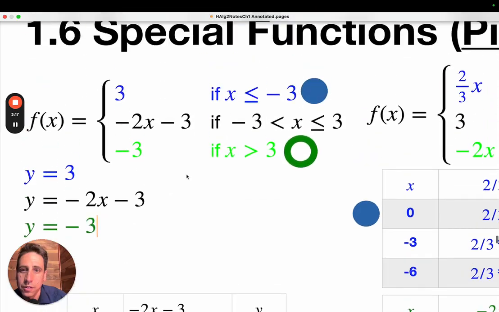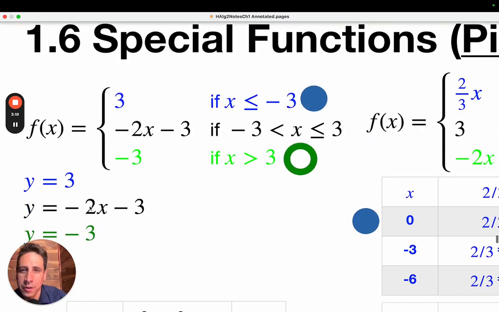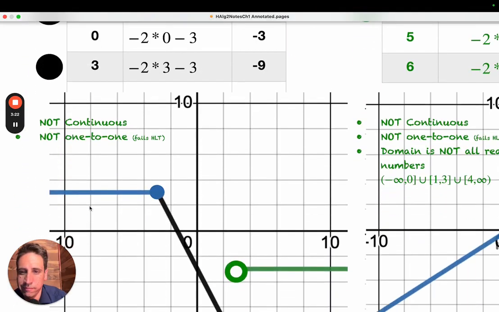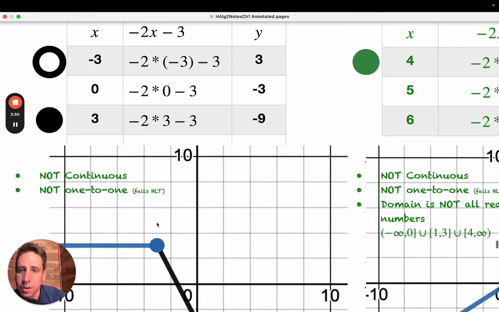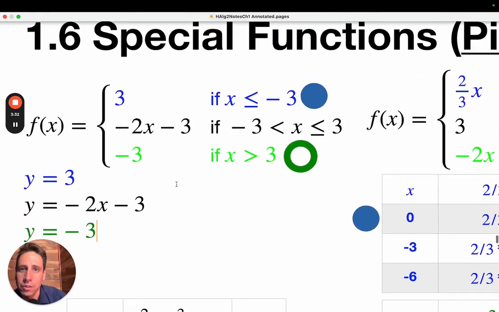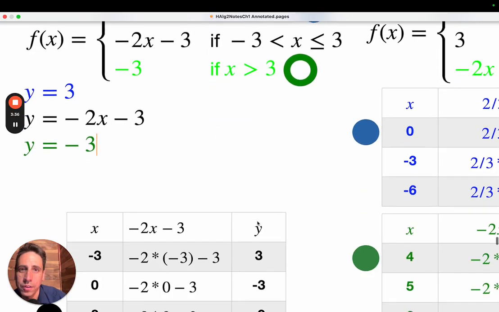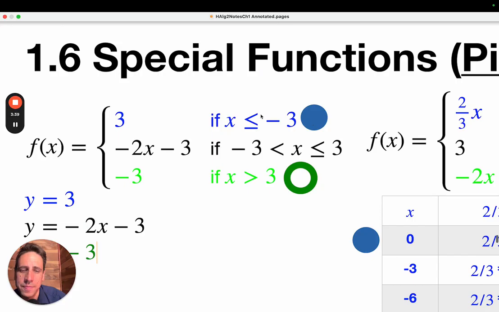Okay, so graphing the line y equals 3 is not too bad. It's just a horizontal line at y equals +3, except the interval says you're only going to use the part that is less than or equal to -3. So we're going to need a solid dot.